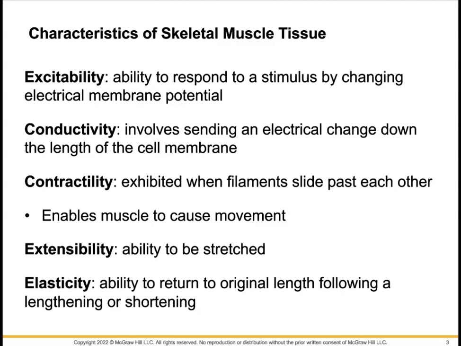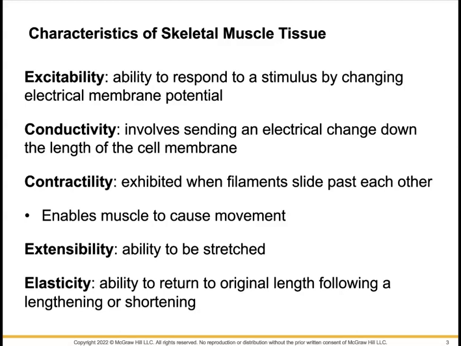Skeletal muscle tissue is made up mostly of muscle cells, which have certain characteristics. Let's take a quick look at those. So excitability is the ability of a cell to respond to a stimulus, whether it's stretch or a chemical stimulus, that causes a localized change in the resting membrane potential. Now remember, you heard about resting membrane potential previously, so it's the same idea.